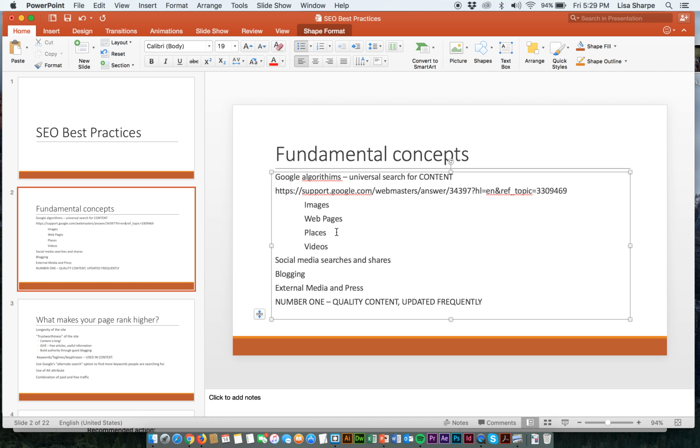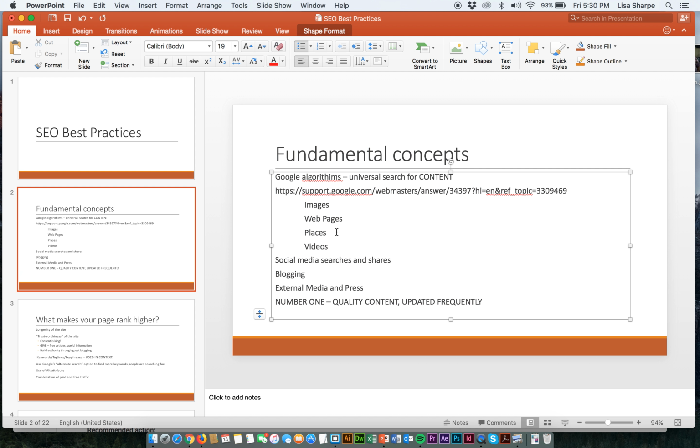And we are talking images, updating your web pages, updating your place locations, updating videos, continuing to share on social media, how many people are searching for you via social media, how many people are searching for you via Google, and of course external media, that's even more important, and press that is covering you, your cause, or your website.